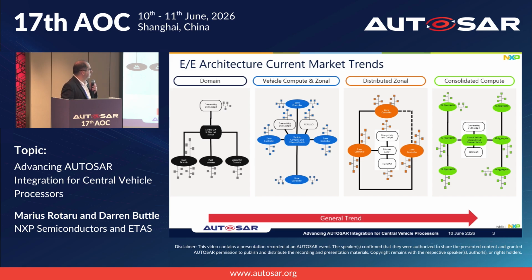Each of these architectures comes with specific characteristics. For example, the domain architecture provides reusability, vehicle computer and zonal is mainly good for upgradability, distributed zonal might bring cost reduction, while the consolidated compute architecture, where we have a central compute in the middle, brings scalability. So with the help of this central compute architecture, we can scale over time.